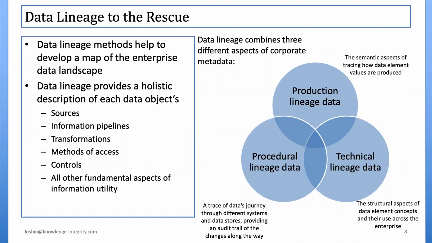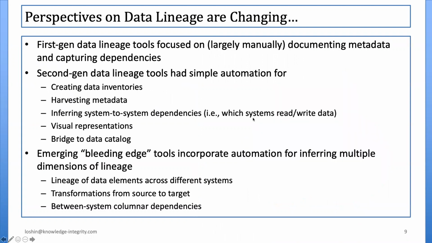And so lineage gives you visibility in multiple ways, and yet needs to be addressed across multiple dimensions. We're going to look at some perspectives on how data lineage has changed over time. It's kind of interesting, I reflect back on some of the work I did 20 years ago with respect to data quality, which looked at tracing lineage of the process flow of the production of data that went into an end user report and end user analysis.